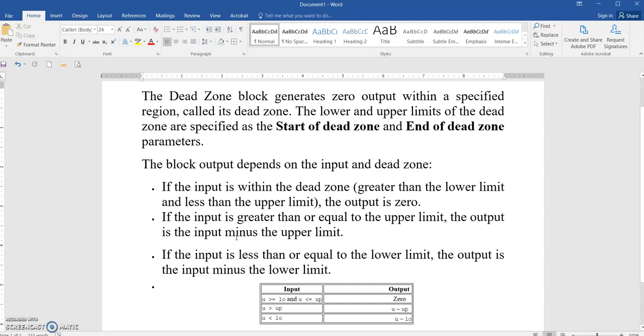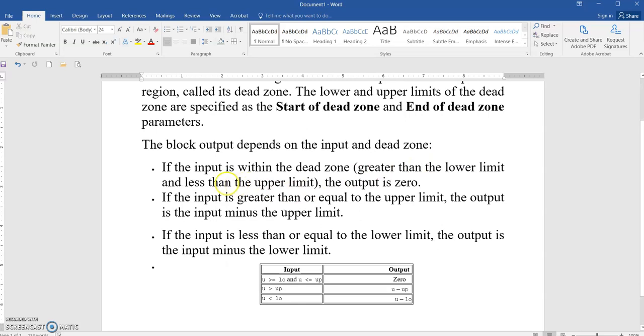I have collected it from the net. It says that the Deadzone block output depends on the input as well as the Deadzone. It says that if the input is within the Deadzone, that is whatever the lower limit and higher limit we have set, so if my input is within that limit, that time output would be 0, and if it is greater than upper limit, then output would be input minus that upper limit.